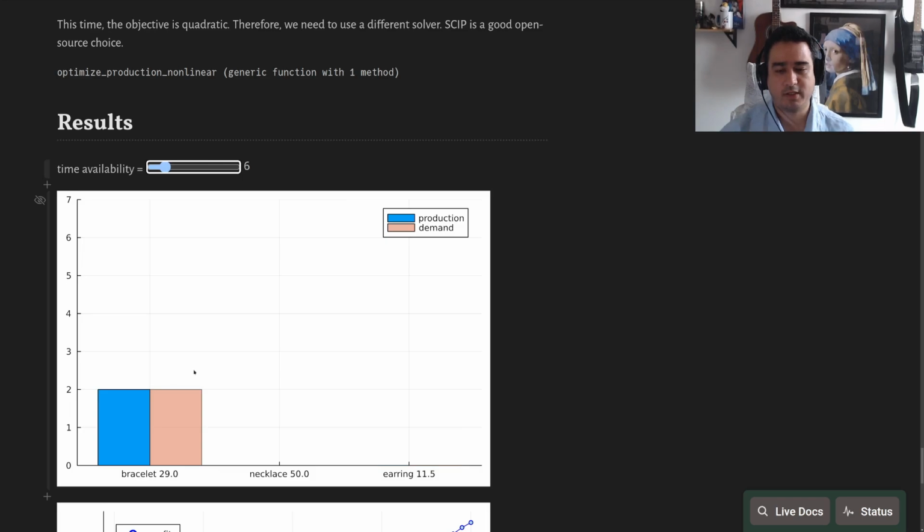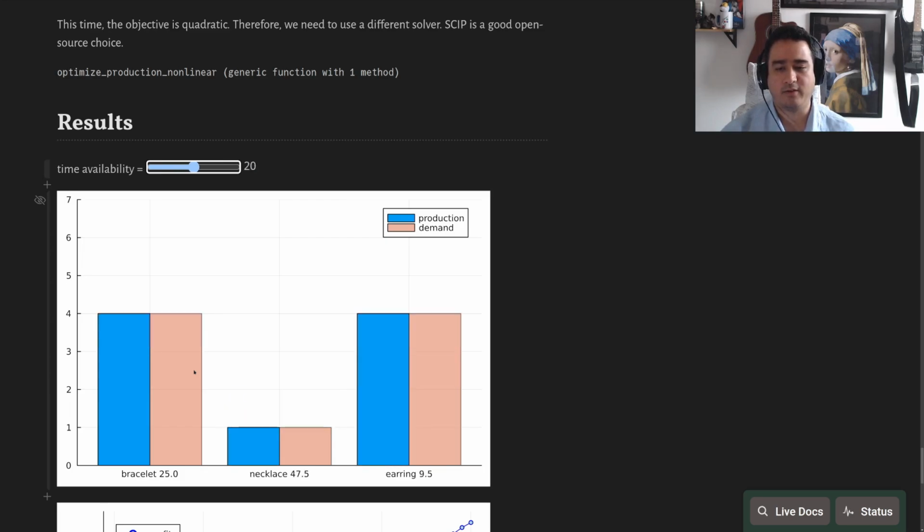So we have 2 bracelets, and now instead of having 3 bracelets and 0 earrings, we have 2 bracelets and 2 earrings, and that happened again for 3 bracelets and 3 earrings, and then 4 bracelets and 4 earrings. So it is a much more complex and nuanced selection, which is super interesting to me, at least.